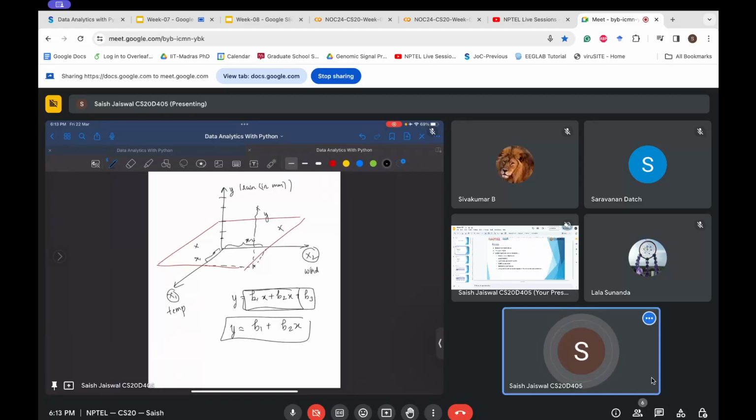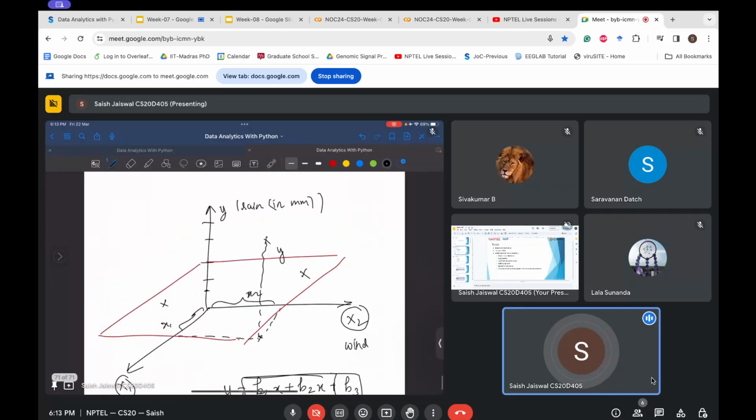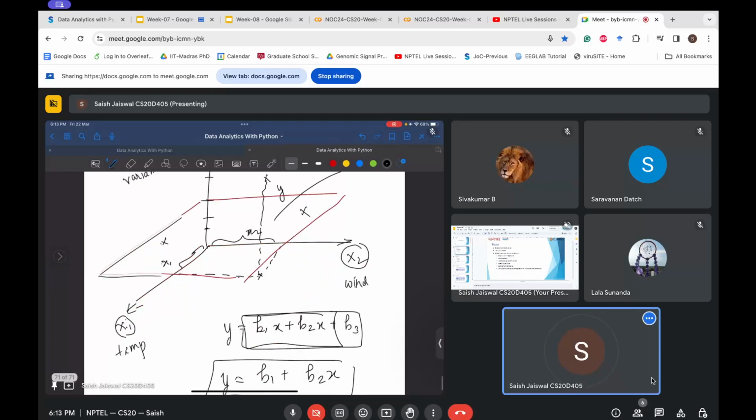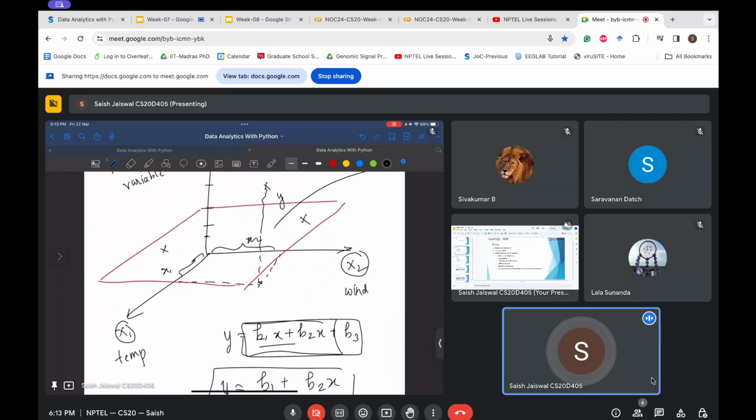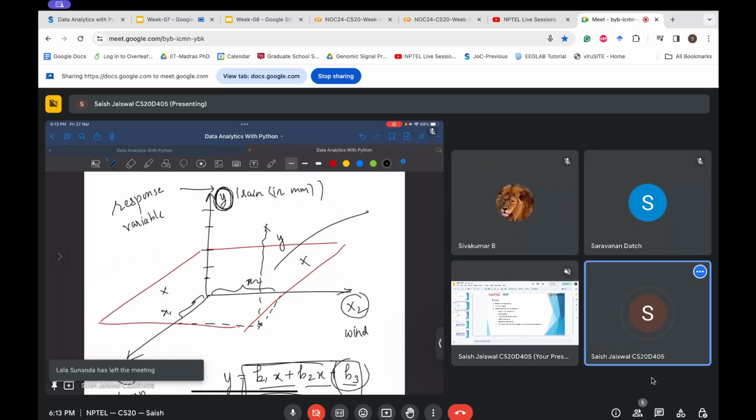Here there are certain terminologies associated with it. The dependent variable y is known as the response variable, and the surface that you get from this equation, b1x1 plus b2x2 plus b3, where b3 is the constant, is called the response surface.